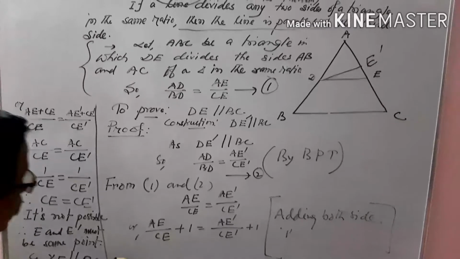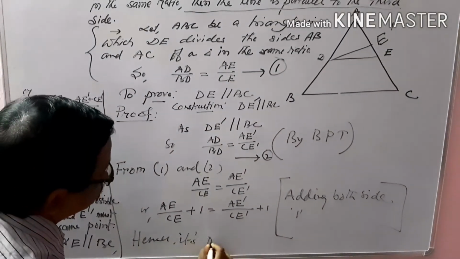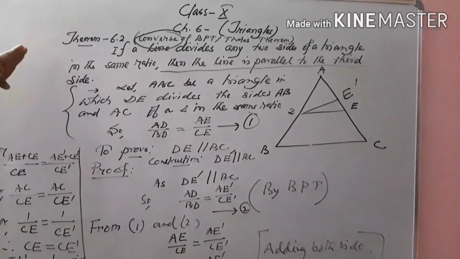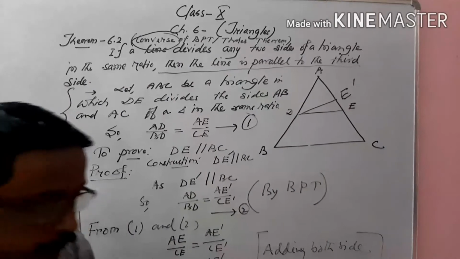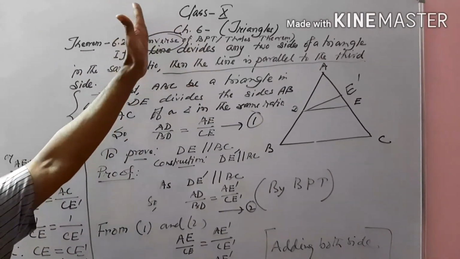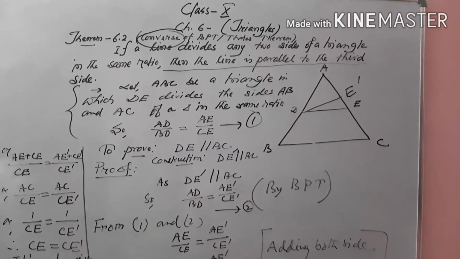So with this idea it is proved. I think it is so simple, even easy. Now one thing you remember, for the board exam it is most important: BPT and the converse of BPT. With this concept, I think you got the idea of how to prove this.